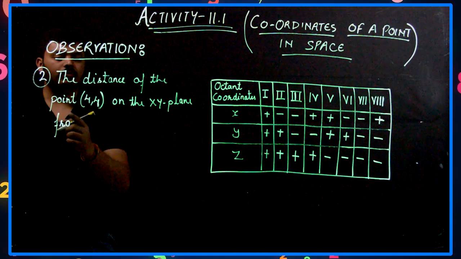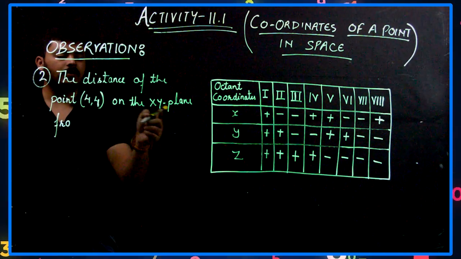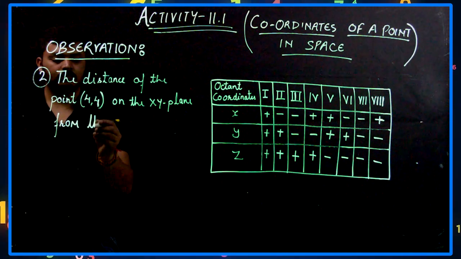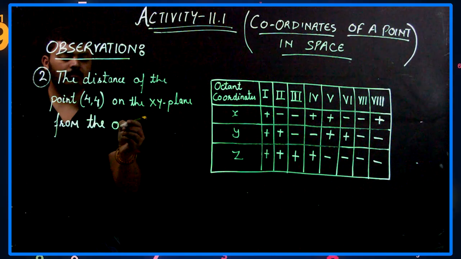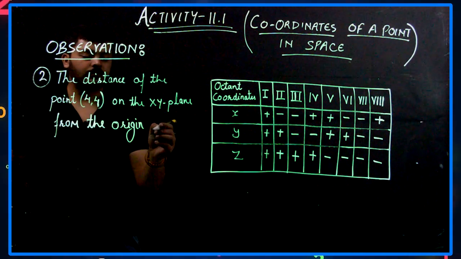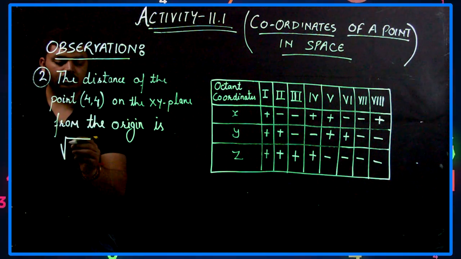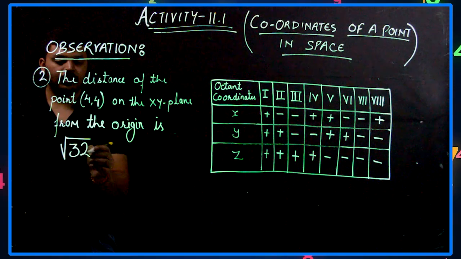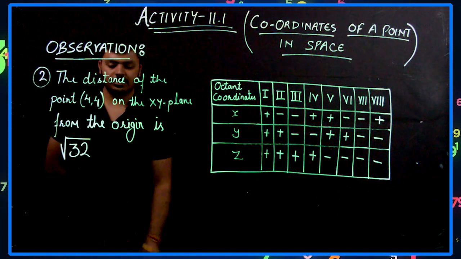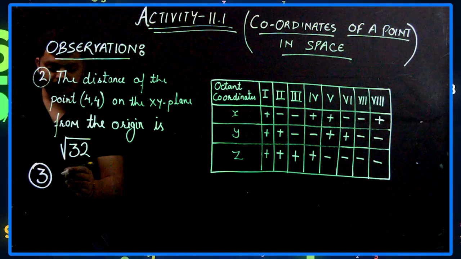The distance is under root 32. That is, under root 4 square plus 4 square, that is 16 plus 16, equal to 32.